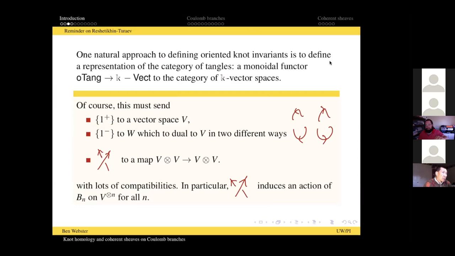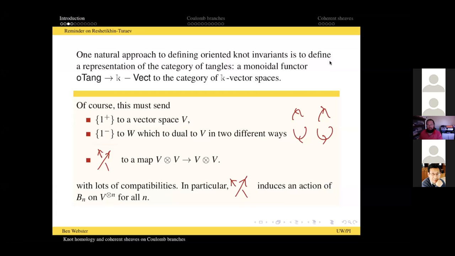Such a functor requires that I send the sequence with one plus to some vector space, and the sequence with one minus to some other vector space. It's very tempting to say V dual, but that's not quite right. The two ways you can orient cups and caps give you a vector space which is dual to V in two different ways. The whole story about quantum traces is that it's not dual the left way, it's the same way that it's dual in the right way.